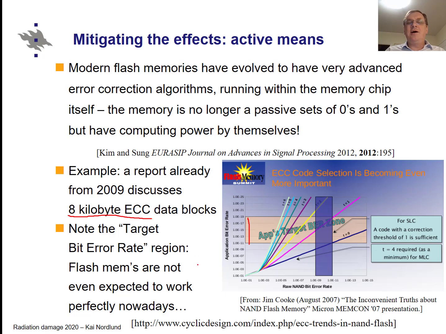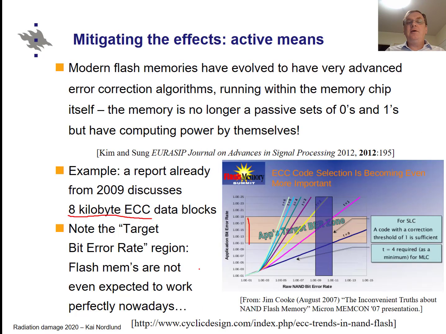So the basic message is that all the regular memories you use don't fully work. They have a number of broken bits, but they are built in a way that they automatically correct for these broken bits, so that to the user it looks like faultless operation.